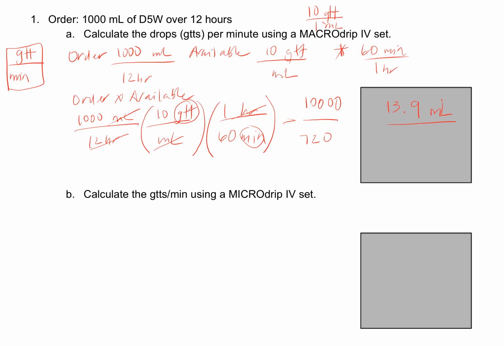Oops, excuse me. 13.9 drops per minute. And you can actually round this to 14 drops per minute as your final answer.